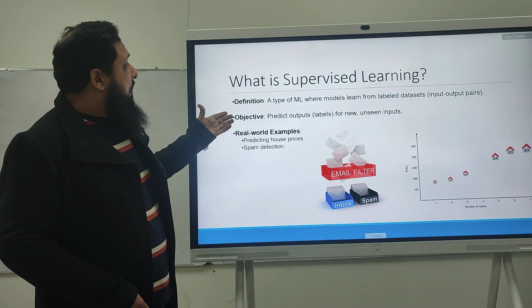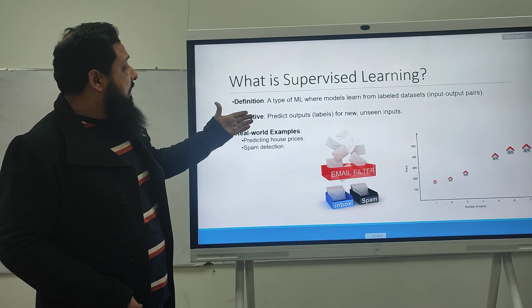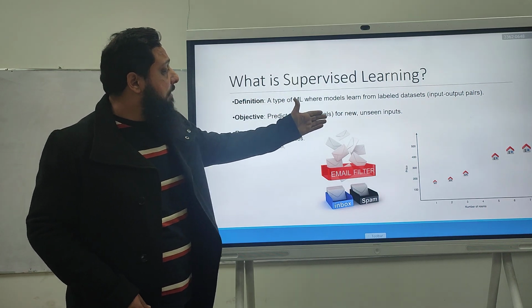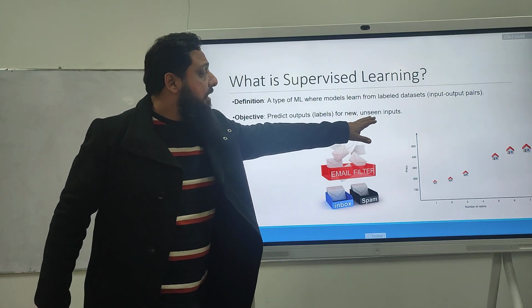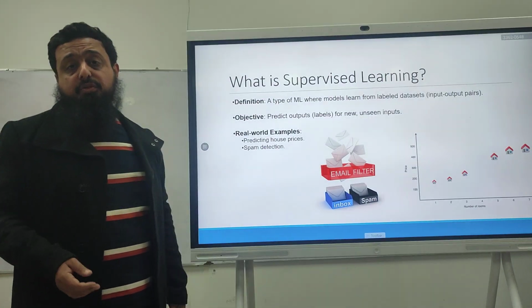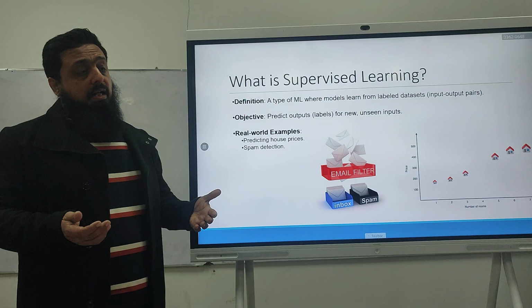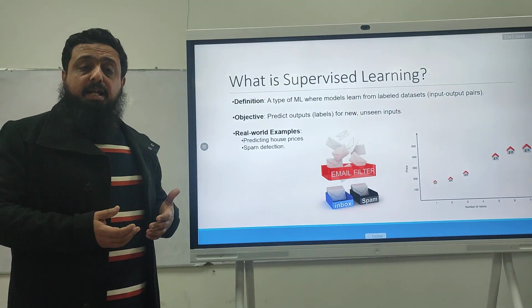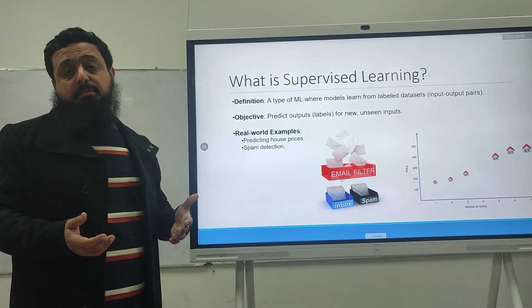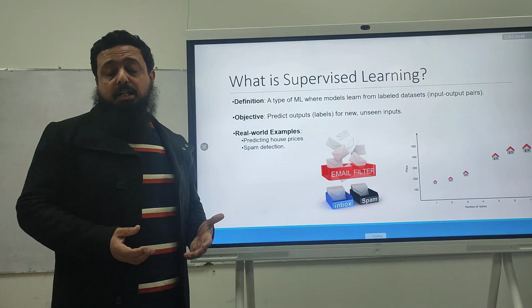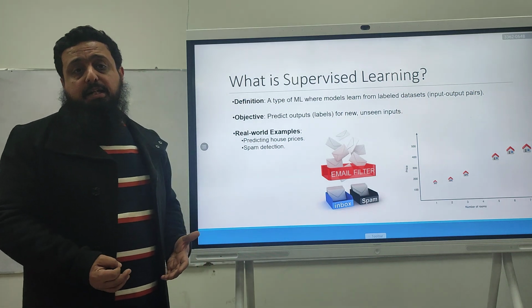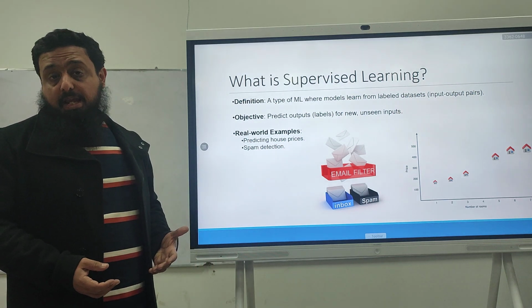So what is the objective of supervised learning? Predict outputs, labels from new unseen data. The model is trained on data which already has labels. These labels are provided by experts in their domain, depending upon what type of data we have.